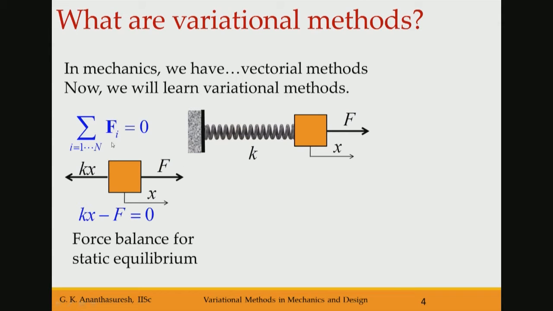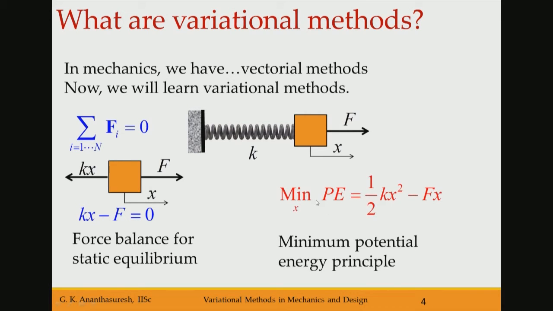Instead of solving it this way, balancing the forces, we can do it in a different way, and that is like this, where we have introduced a symbol Pe that stands for potential energy, which is defined in a particular way.